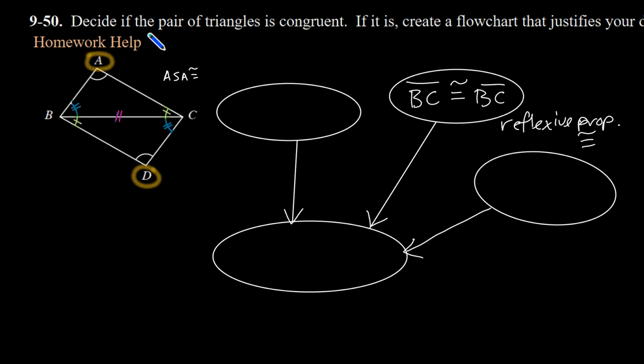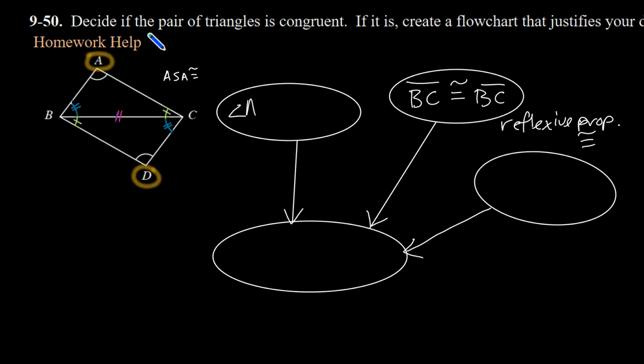Let's talk about the angles that I highlighted in green. C and B are bad names for those angles. I could say the green angles too, but a better name for the ones that I've highlighted in green would be angle ACB. I didn't write the A, angle ACB.